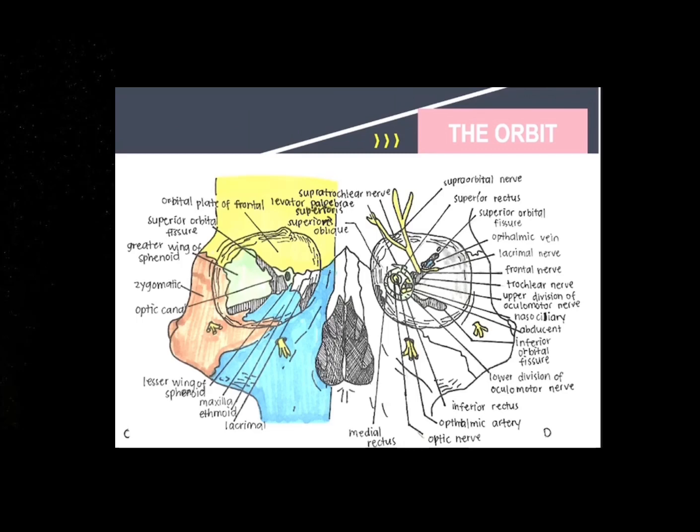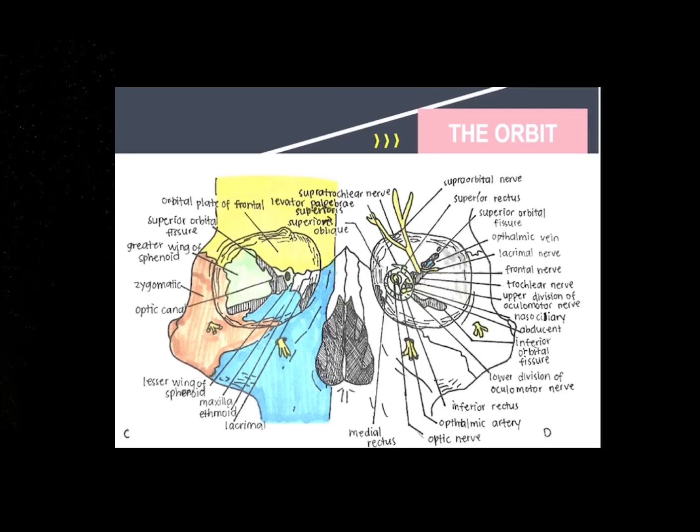The roof of the orbit is formed by the orbital plate of the frontal bone, which separates the orbital cavity from the anterior cranial fossa and the frontal lobe of the cerebral hemisphere. And then we have the lateral wall formed by the zygomatic bone and the greater wing of the sphenoid.